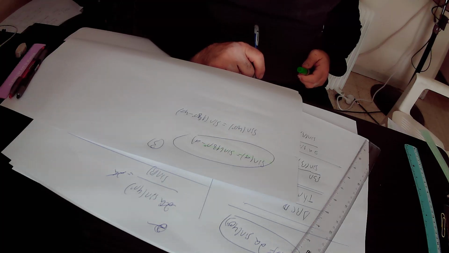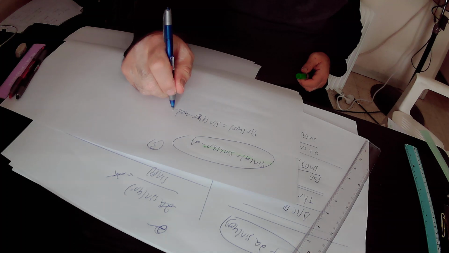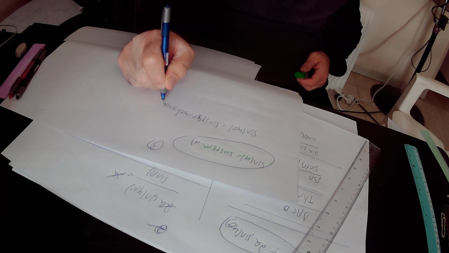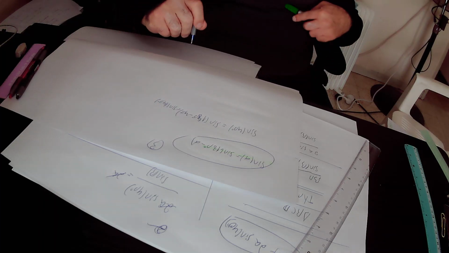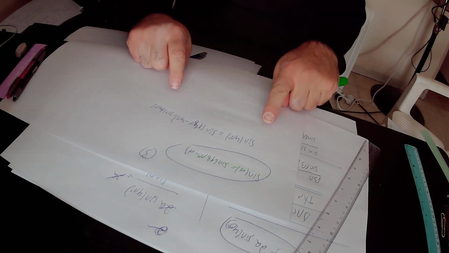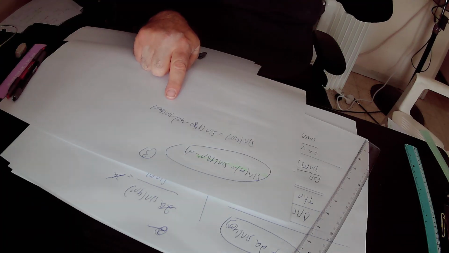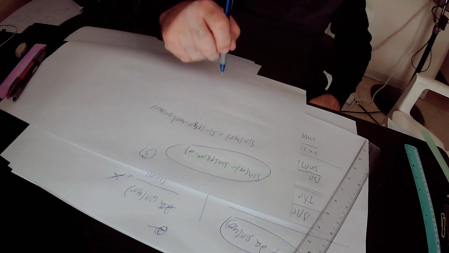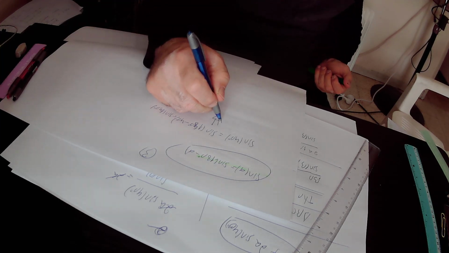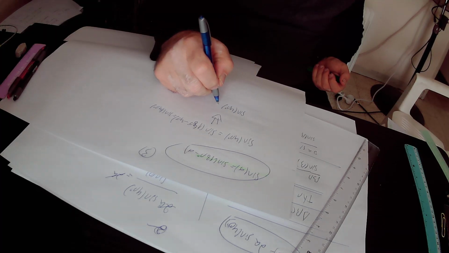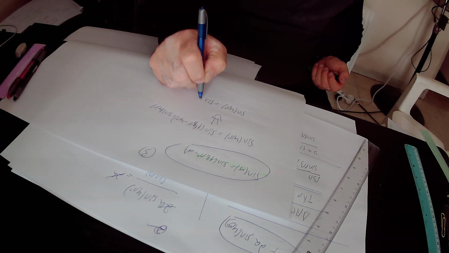And 180 degrees minus 40 degrees is 140 degrees. So from this equation, we will conclude that sine 40 degrees equals sine 140 degrees.